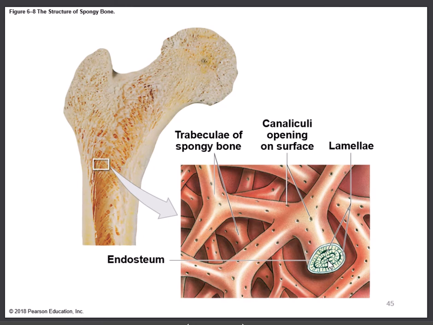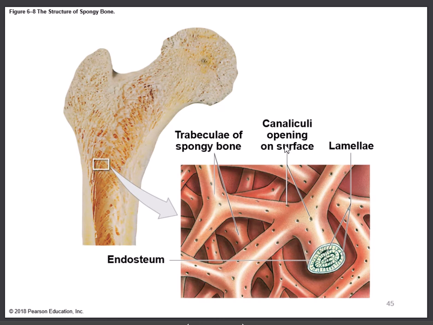So the reason we really don't need any blood vessels in these trabeculae is this. These spaces here are filled with bone marrow. It's a bloody tissue. So we really don't need blood vessels within the bone because we have the blood around the bone, and nutrients and oxygen and waste products are going to diffuse through these little openings right over here, that bring the material in and out of the bone this way.